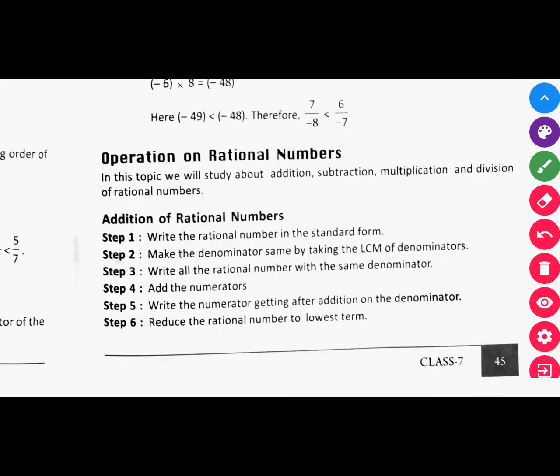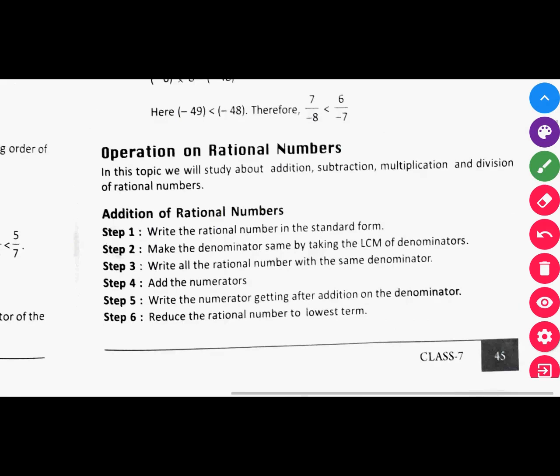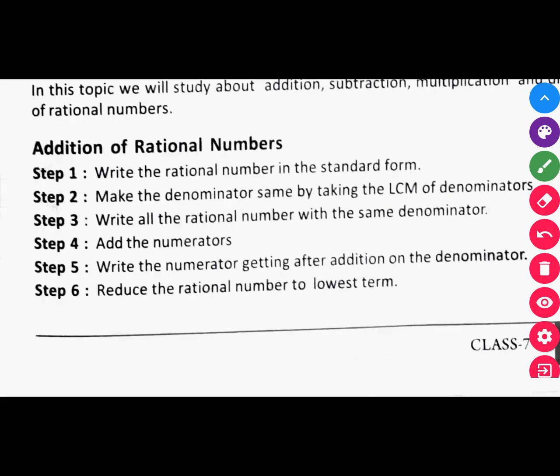Now operations of rational numbers: we have to add, subtract, multiply, and divide the rational numbers. Then what are the steps? Write the number in a standard form. Make the denominator the same by taking LCM of it. What we do to compare them, the same we have to do. And write all the rational numbers with the same denominator.